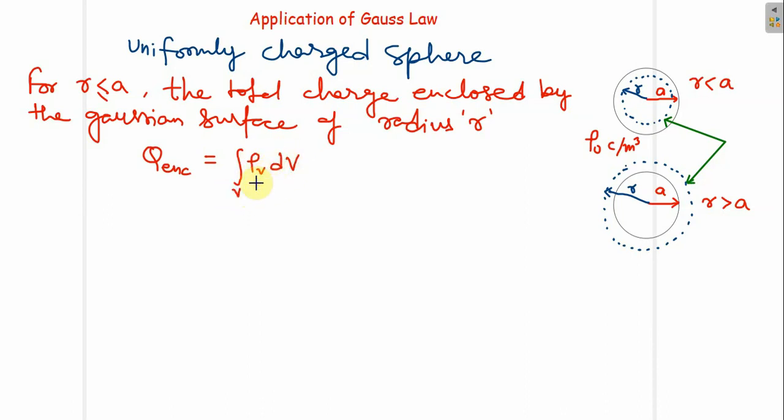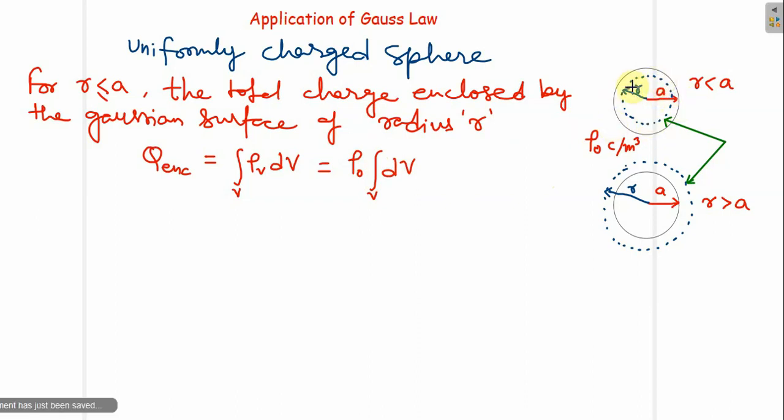the volume integral of the charge density, and in this case what is rho v? In this case we have rho 0. So in place of rho v we can put rho 0 and take it out, and then the volume integral. Now which kind of volume is it? It is the spherical volume.